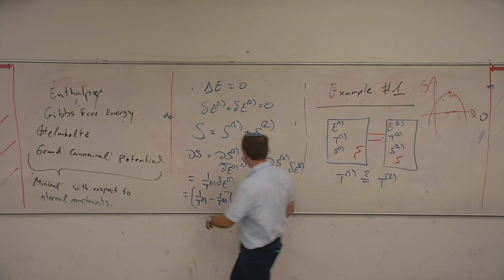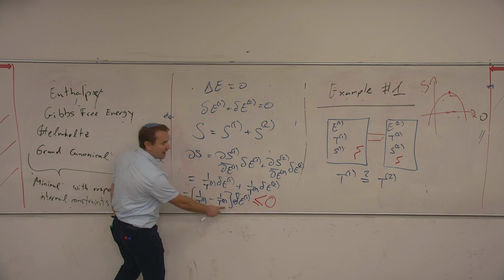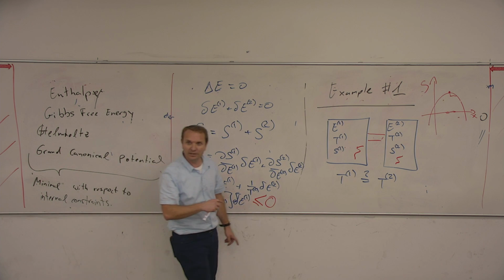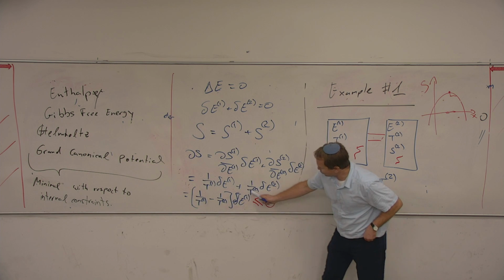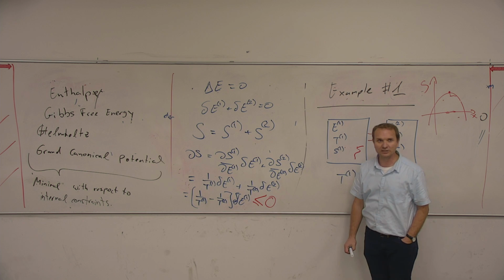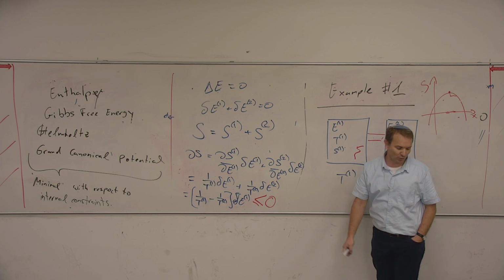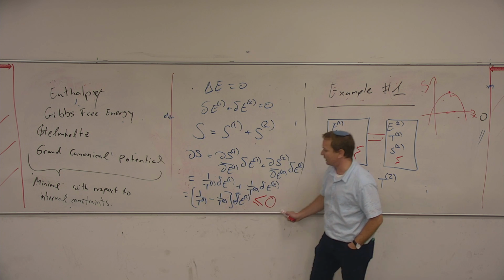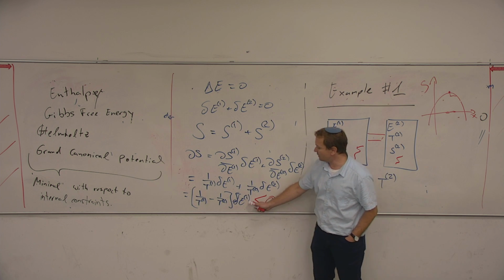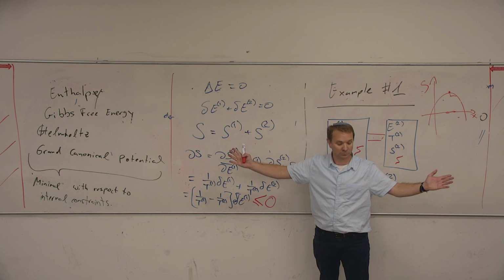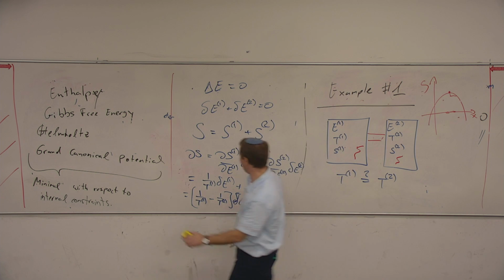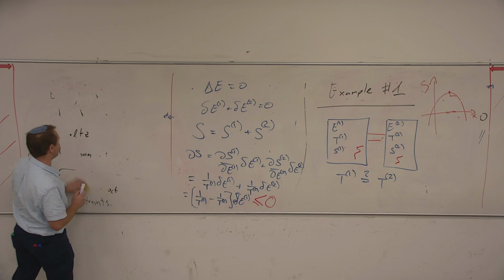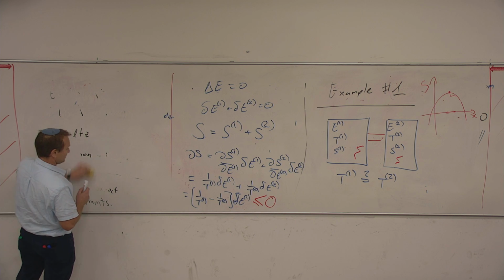So delta E1 can be negative, positive, big, or small. It doesn't really matter. This is a general variable, and this relation has to be satisfied for any delta E1.